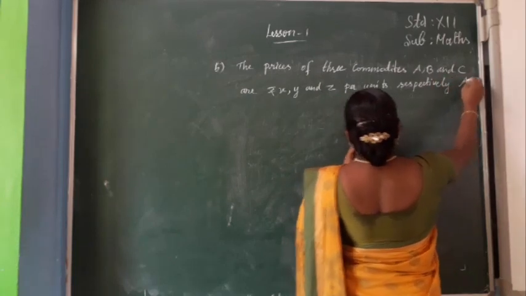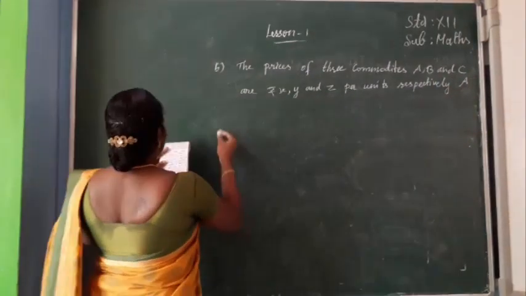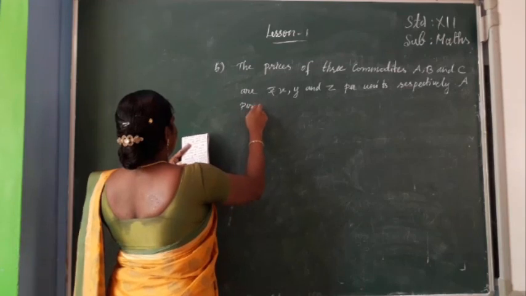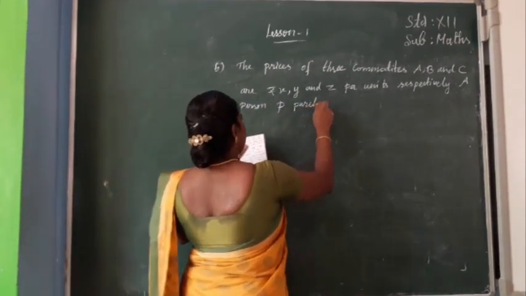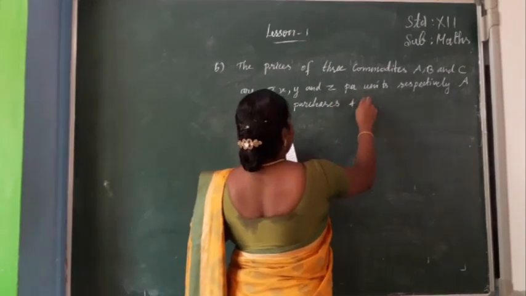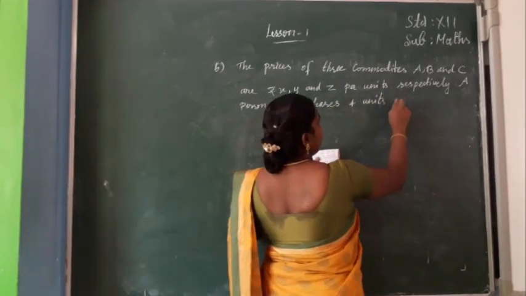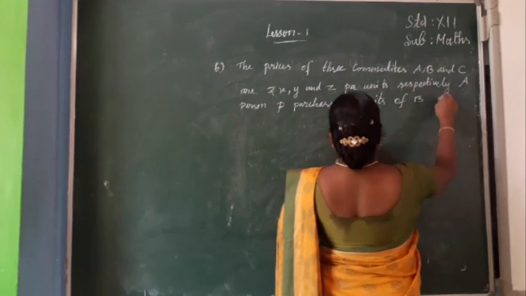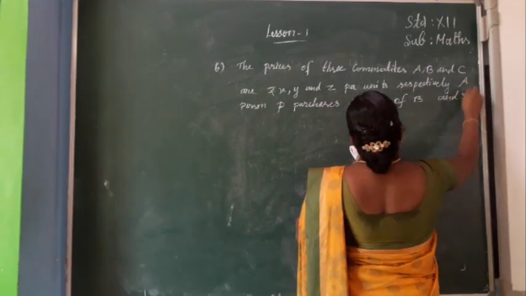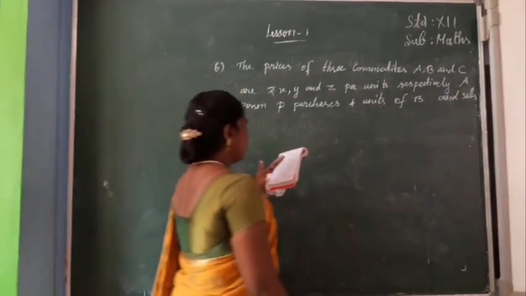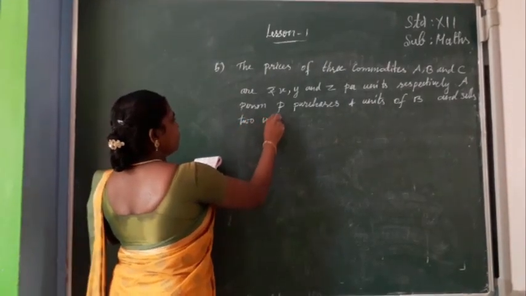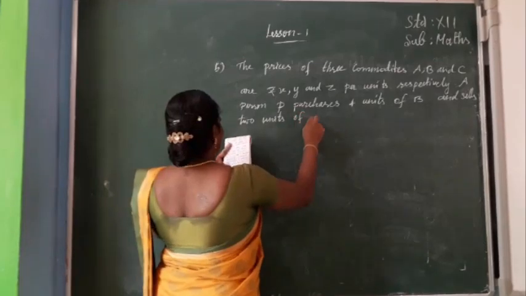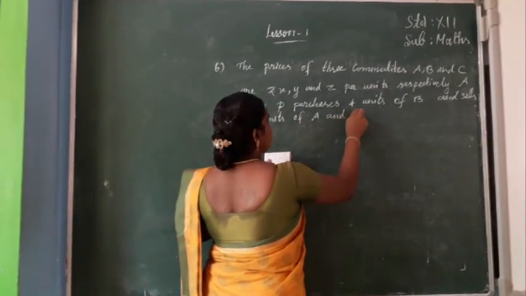A person P purchases 4 units of B and sells 2 units of A and 5 units of C.